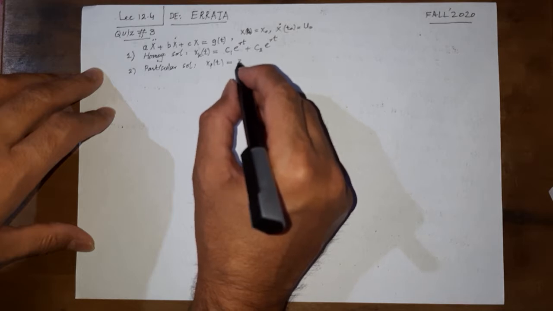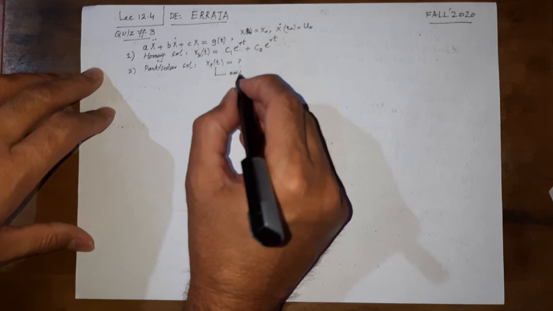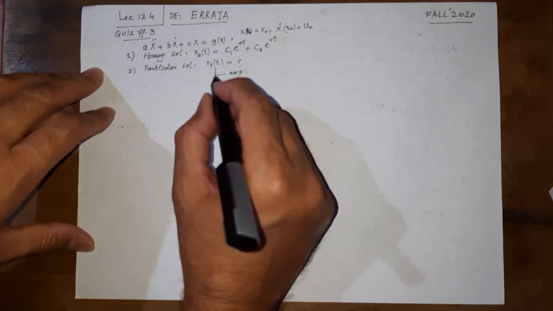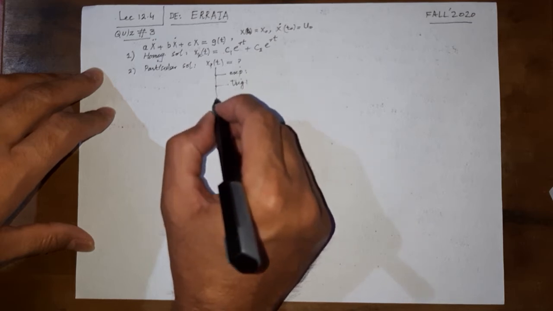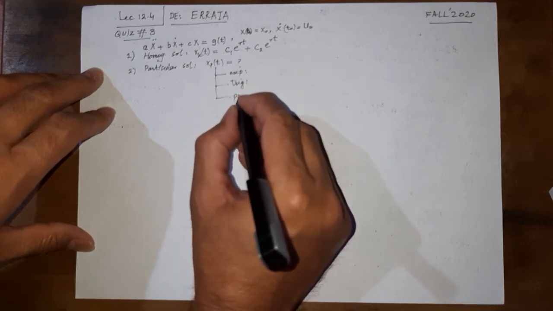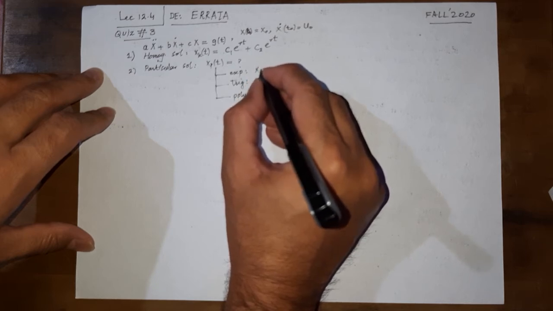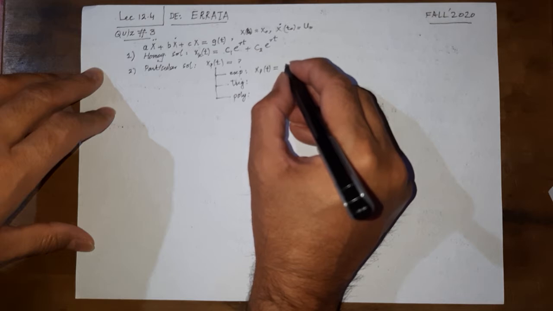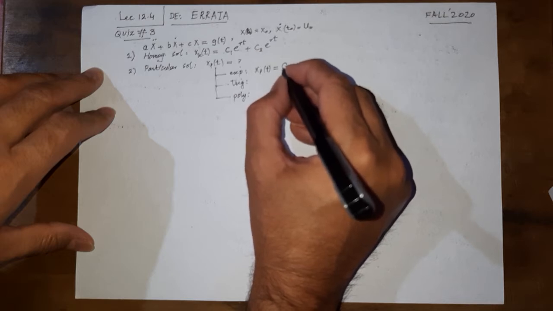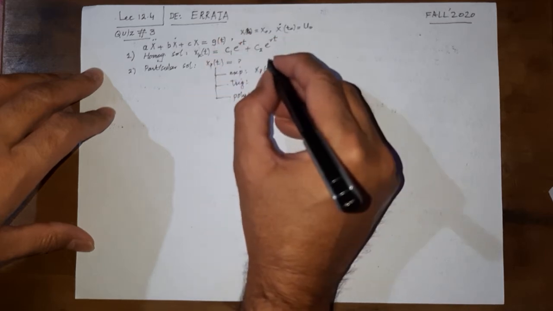So basically x_p(t) has a general form based on g(t), and we saw that there are three cases. The inhomogeneous term is an exponential term, a trigonometric term, or a polynomial. For an exponential term, the particular solution is something of this sort: C e raised to the power of the exact same form.